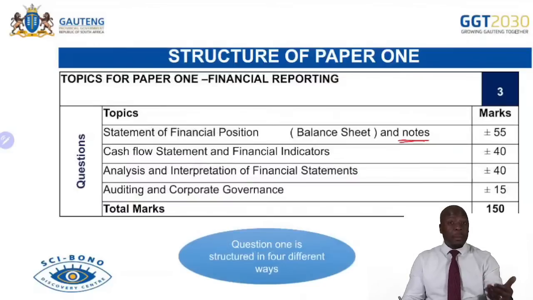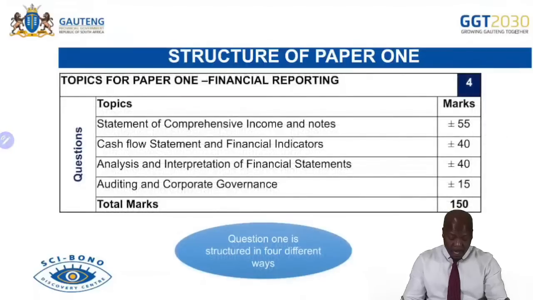So you need to go to the examination well prepared, all right? And then the other option is when we can have the statement of comprehensive income and the notes. So you will see that the other 3, I have left them constant. What was changing was the question 1, all right? Those are the areas where I was changing. And I gave you several options of what can come in there. The first option was when we can have the calculation of correct net profit, and then we have the statement of financial position.